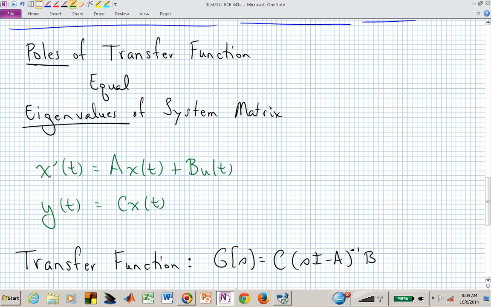It means we don't have a direct connection between the input and the output, which if we translate that into something about the polynomials in the numerator and denominator, what does that mean? So the numerator polynomial, in terms of its order, is strictly less than the degree of the denominator polynomial.